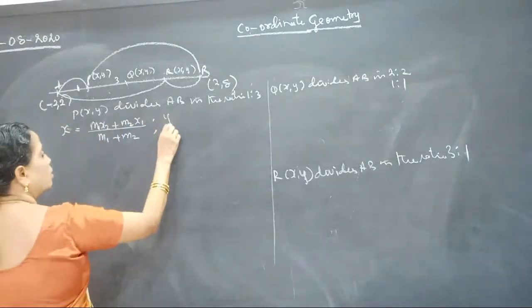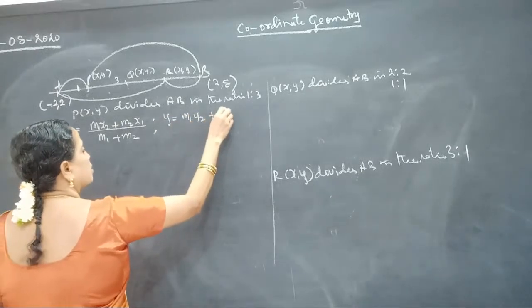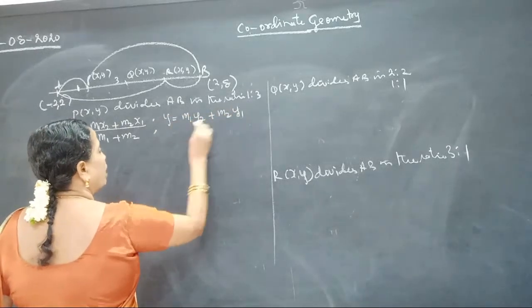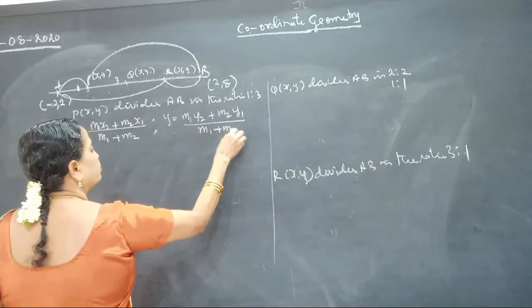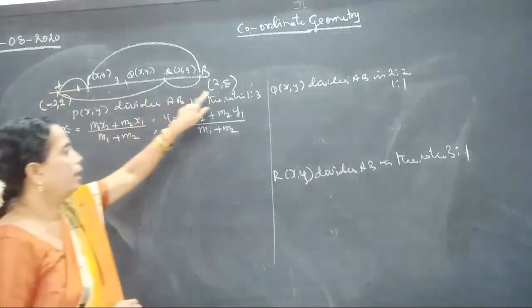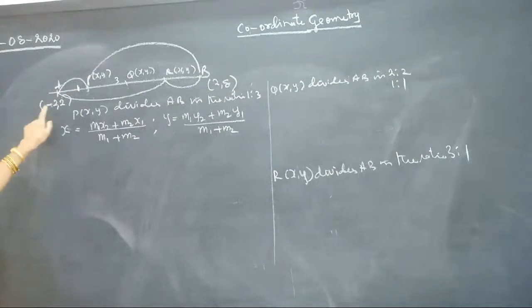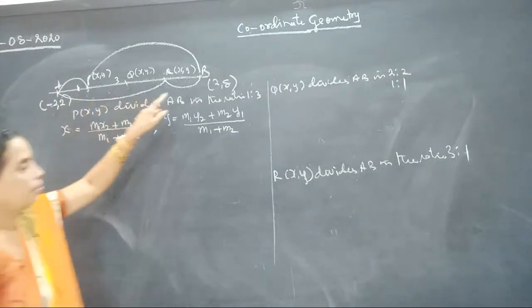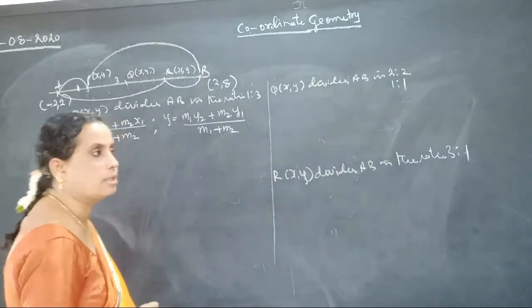And y equals (m1 y2 plus m2 y1) by (m1 plus m2), where A is (x1, y1), B is (x2, y2). Come on, start answering it.